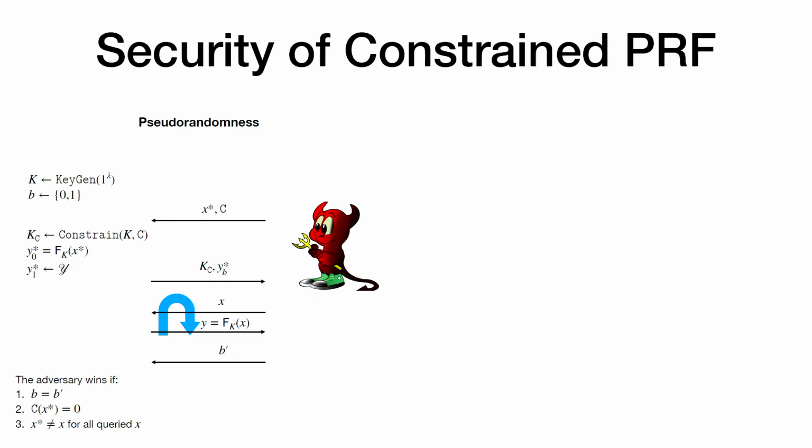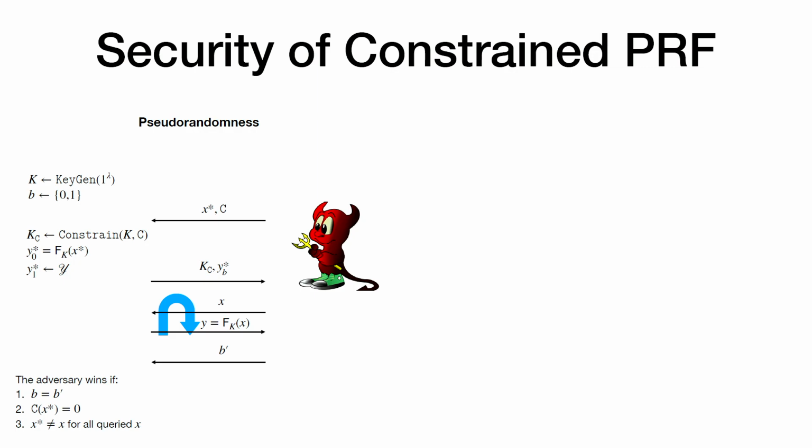Then the adversary will make some evaluation oracle queries. That is, the adversary submits an input X and gets the PRF evaluation on the input X. Finally, the adversary should submit a bit B prime, and it wins if B prime is equal to B, and B can't be trivially learned from the oracle queries.